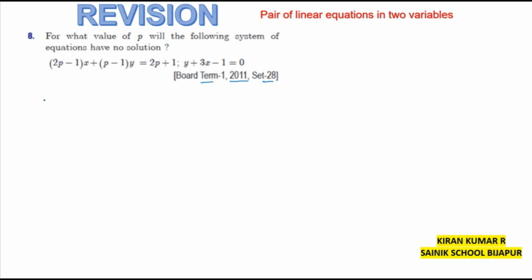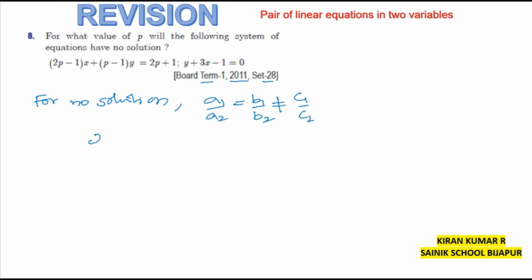We know the condition for having no solution. Let me mention for no solution. The condition is a1 upon a2 equal to b1 upon b2, which is not equal to c1 upon c2.